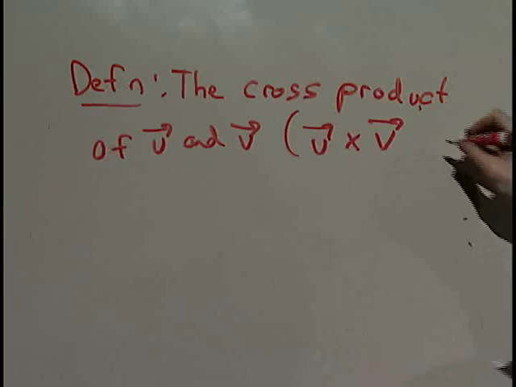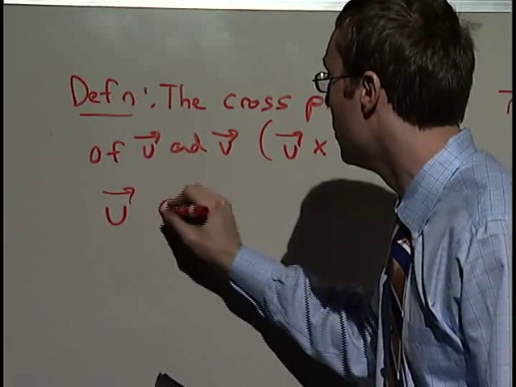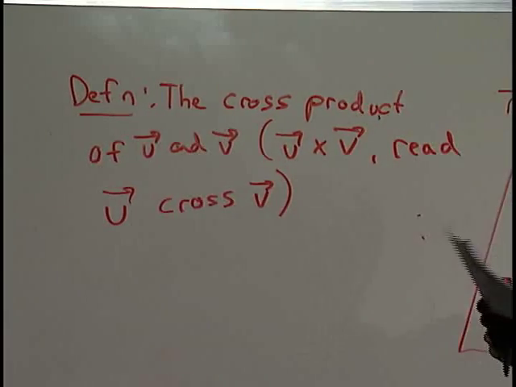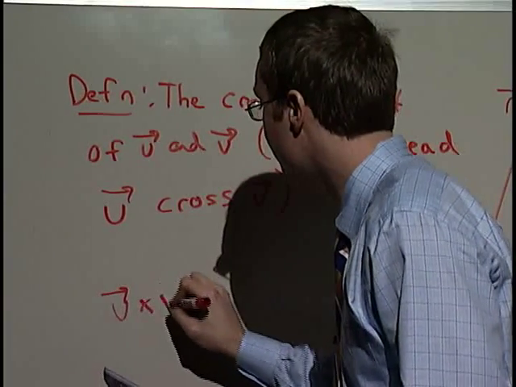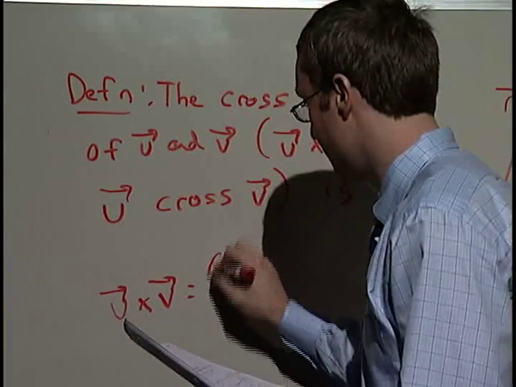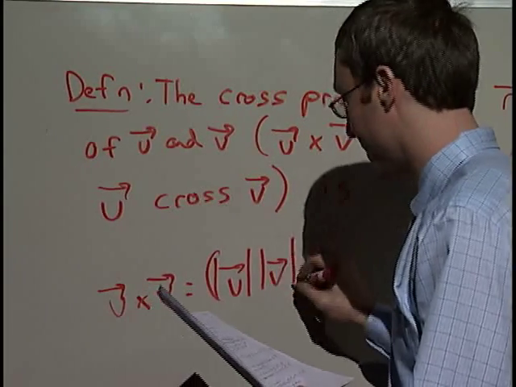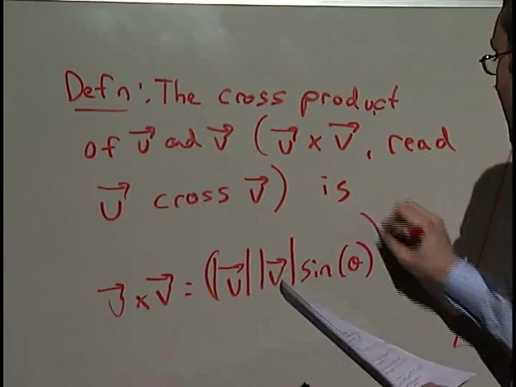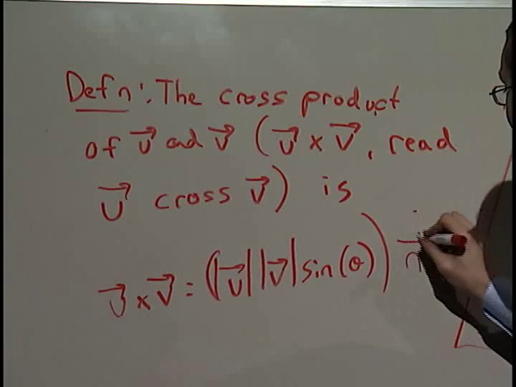So there's the x, not the dot, and this is read as u cross v. Okay, it is, and at first it'll look clunky, going to be the length of u times the length of v times sine theta, theta being the angle between u and v, going from u to v, times n.